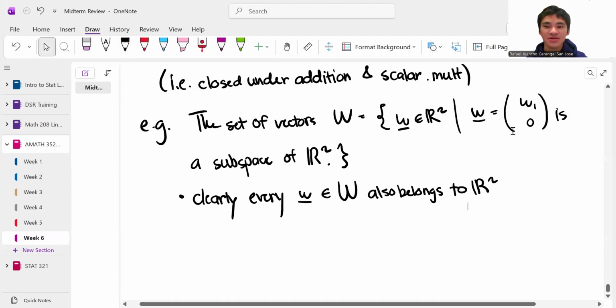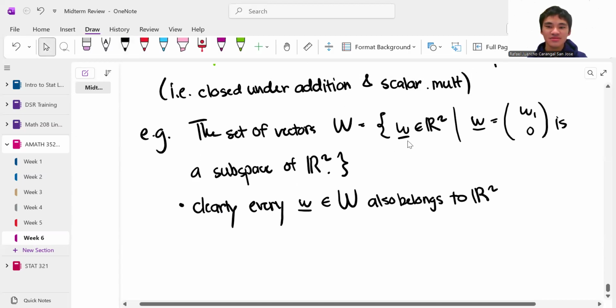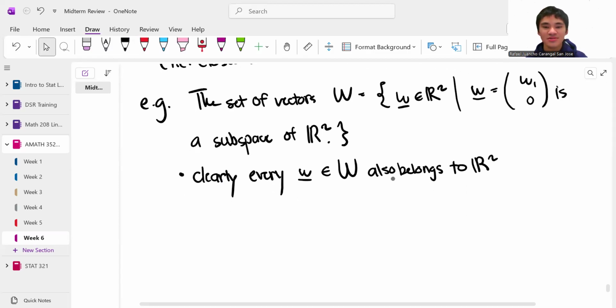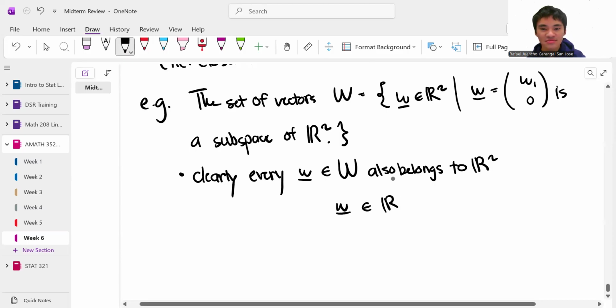Because R2 contains all the vectors that the set W contains. So that's why we say every small w in that big W also belongs to R2. So what that means is all of these w belong in R2 as well, right?